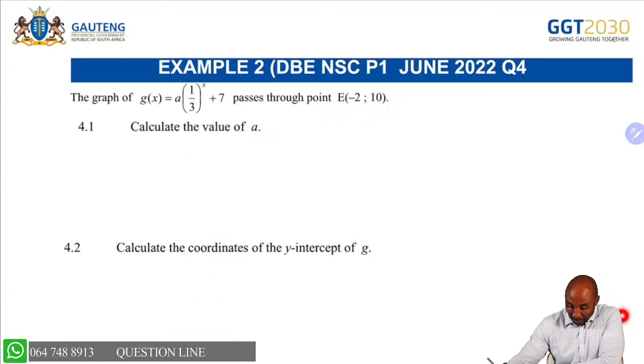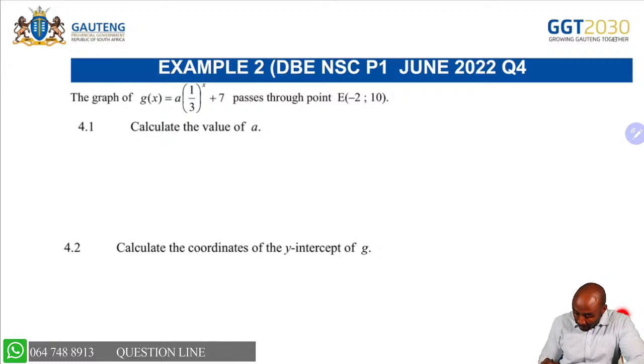Let's do the first one. The graph of g of x is given by the equation and it passes through a point. How do we find the value of a? I will encourage you to always use your function.